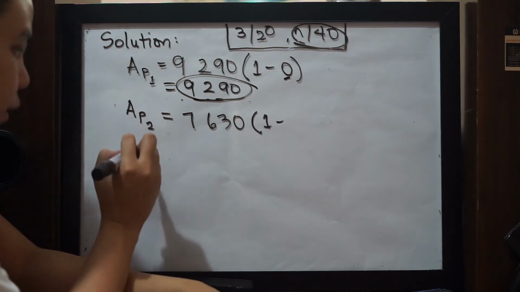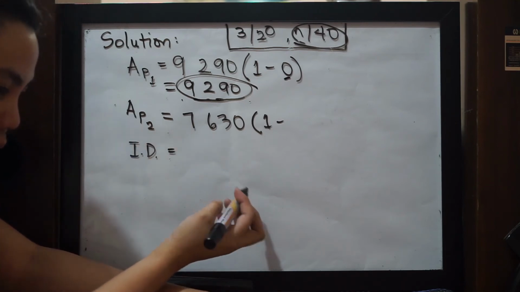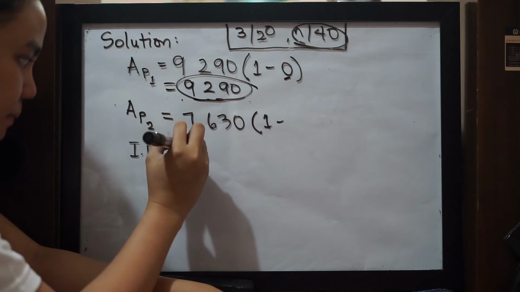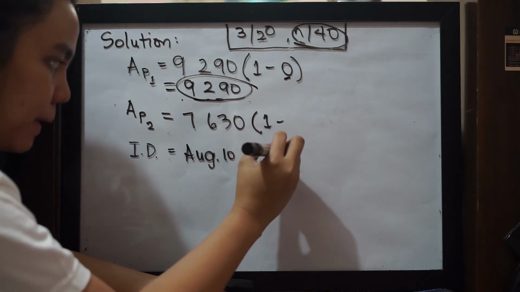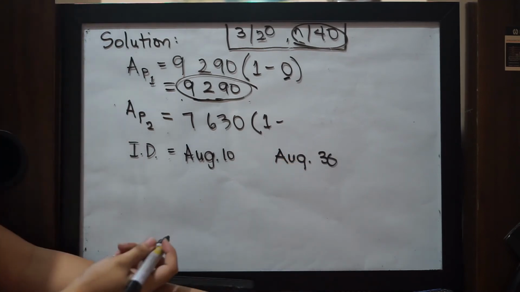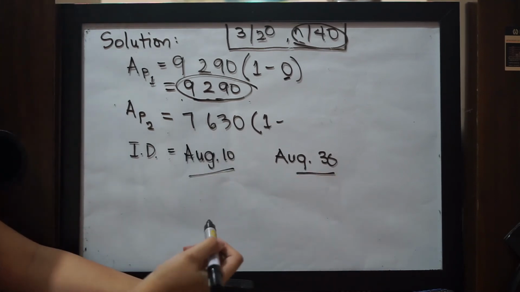So, same process. We identify the invoice date for the second scenario. And the invoice date is August 10. And then, babayaran siya on August 30. So, we have to count how many days from August 10 up to August 30.